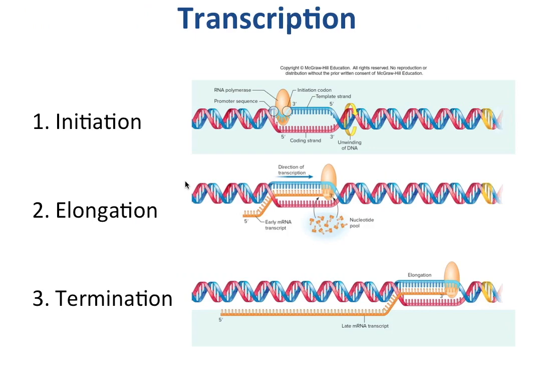Now let's talk about the transcription. So the initiation. Okay, to start the transcription, first we have to unzip the DNA double strand to expose the base sequence. Okay, this can be done by the RNA polymerase. They can unzip the DNA sequence, and then this is the elongation.